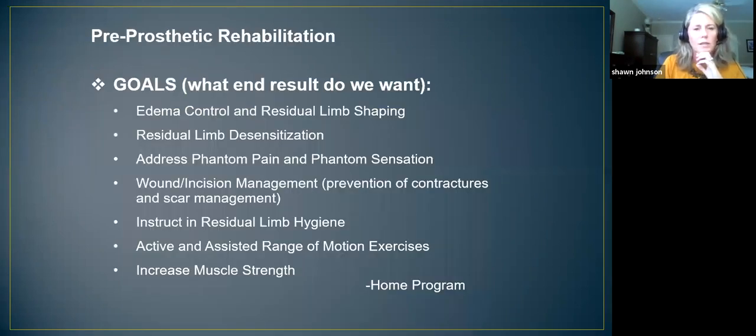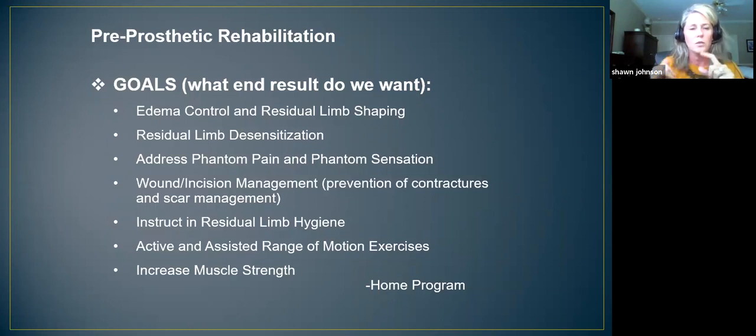Okay, so what end result do occupational therapists want when it comes to pre-prosthetic rehabilitation? Well, our goals are going to include pre-prosthetically, everything is focused around preparing the limb to wear a prosthesis. So we're going to look at controlling edema. We're going to try to help shape the residual limb if that's not already been addressed by the prosthetist. We're going to help desensitize the limb. We're going to address phantom pain and phantom sensation.